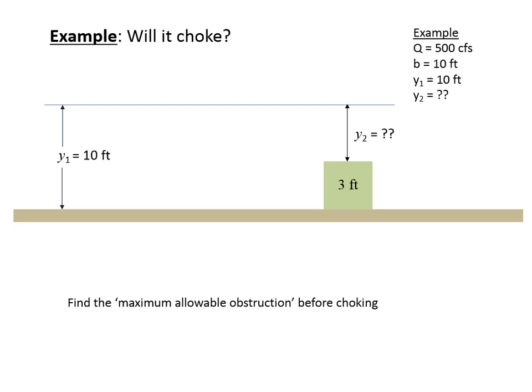And now we've got the delta Z is 3 feet, and then the unknown flow depth, Y2, because we don't necessarily know what the flow depth is going to be over that obstruction.